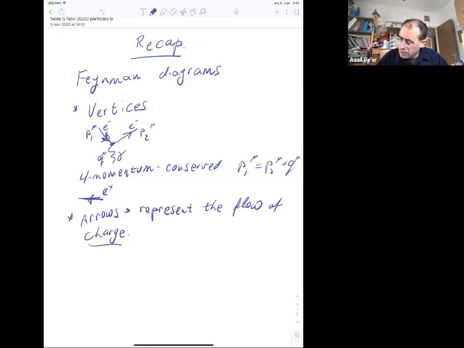And also for each type of interaction, there is a coupling constant associated with each vertex. The coupling constant is denoted normally by g.